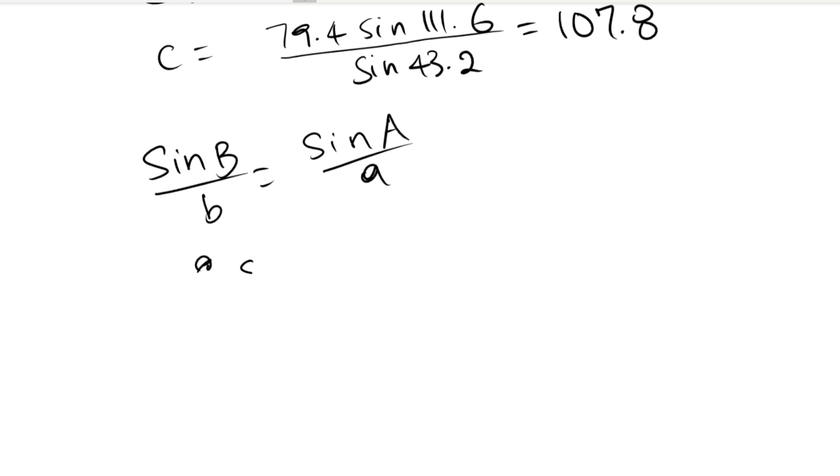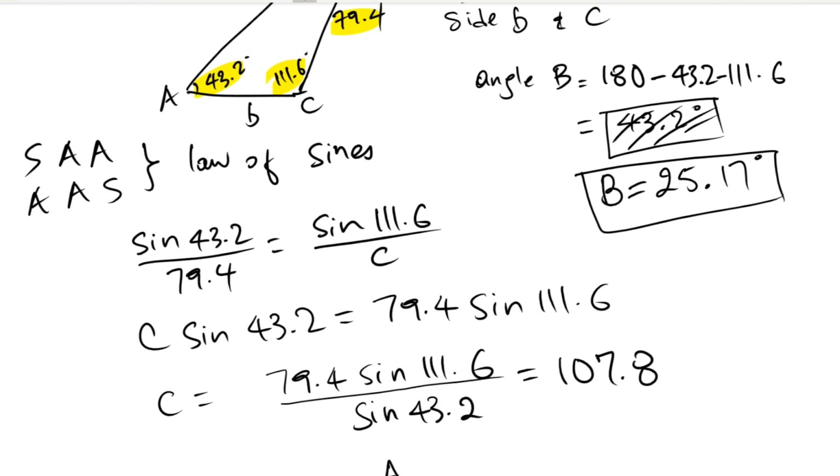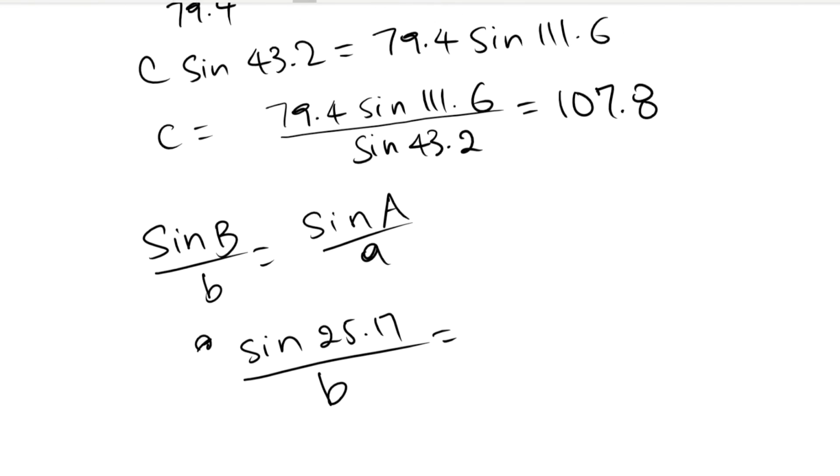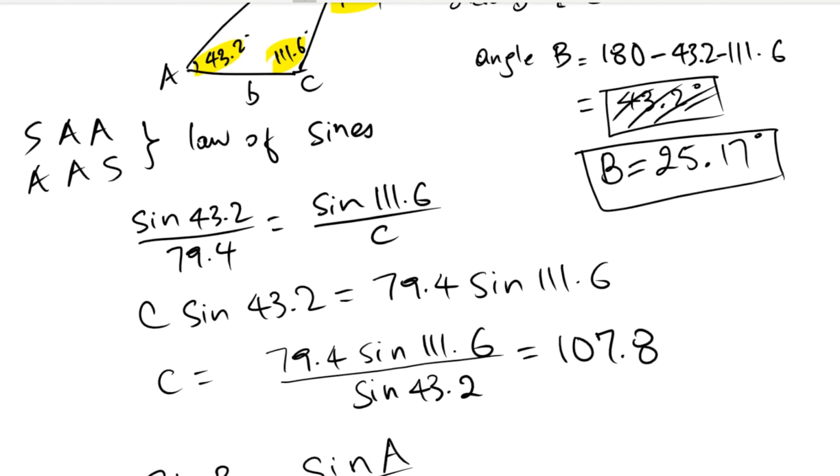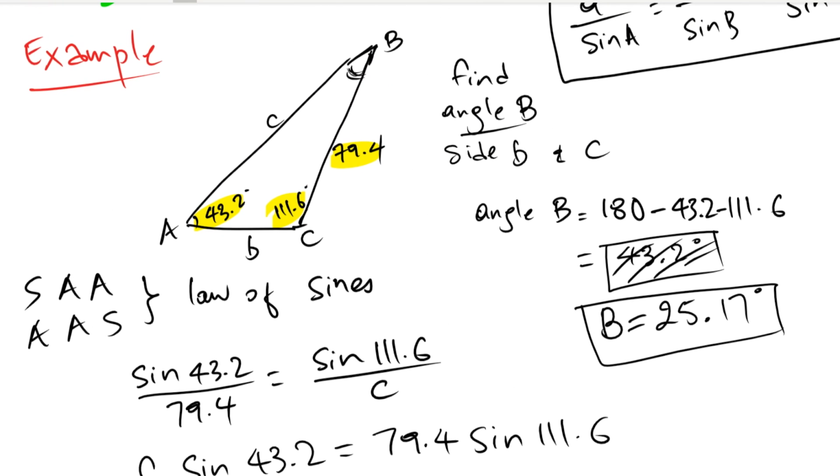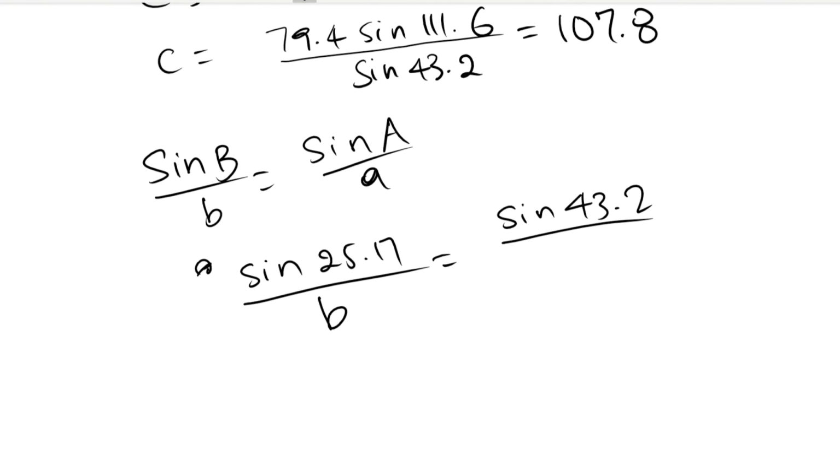So sine 25.17 over B is equal to sine of 43.2 divided by A, and A is 79.4.